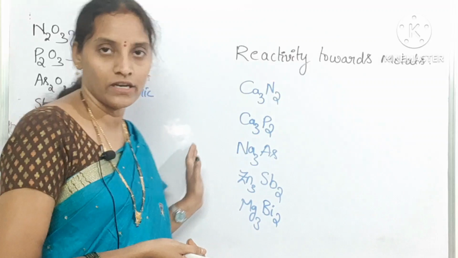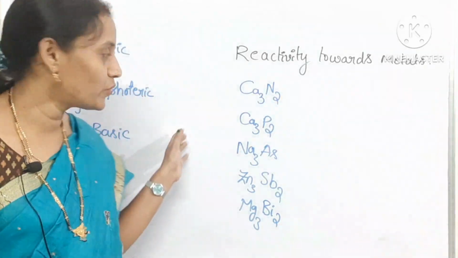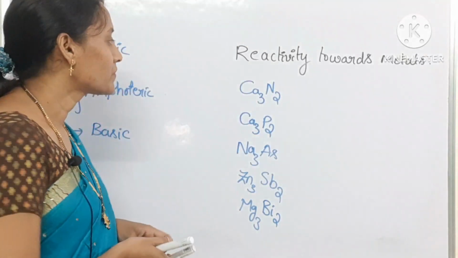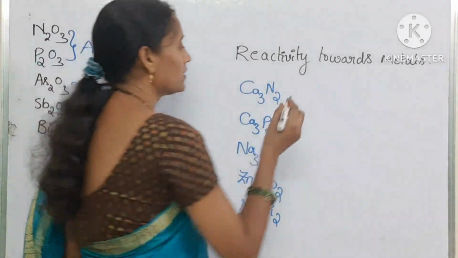These are the binary compounds. In all these compounds, the fifth group element has a -3 oxidation state.